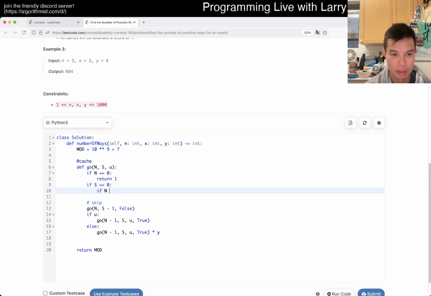So if n is, well, it's not 0, so that means we just return 0 because we have people left over. Yeah, I think this is right.